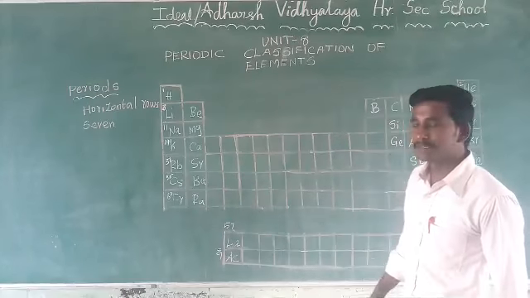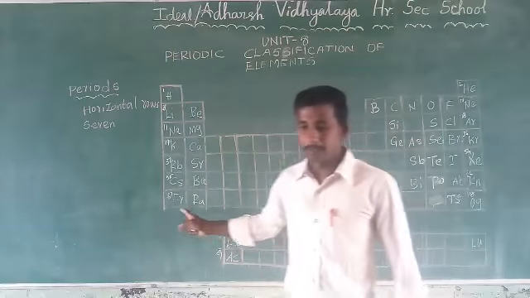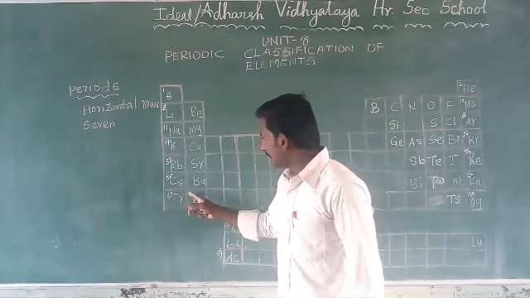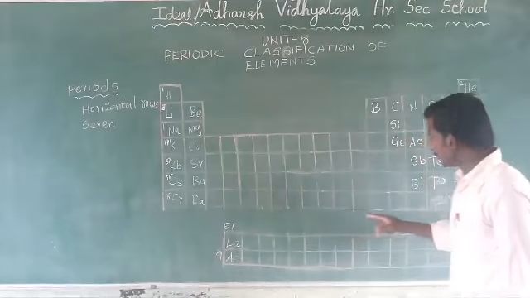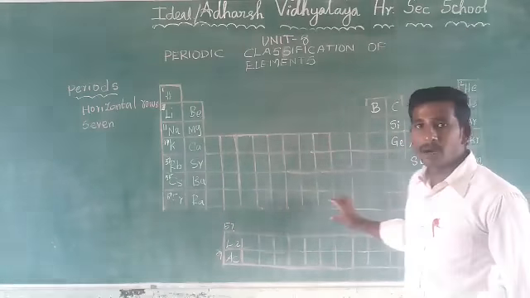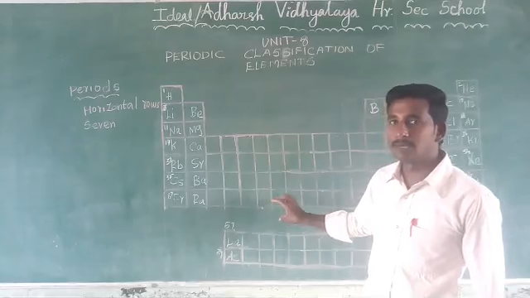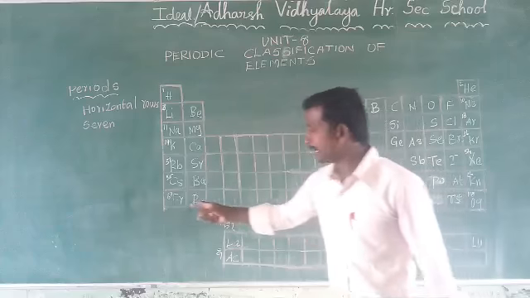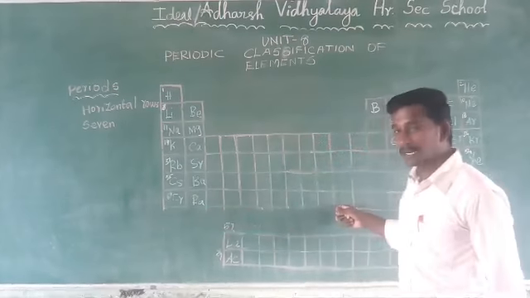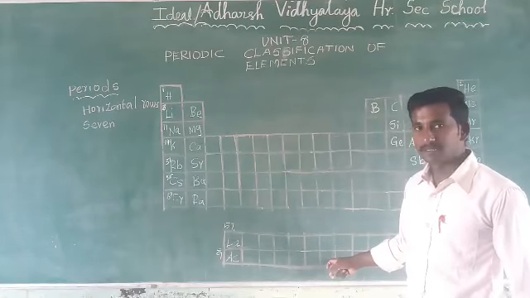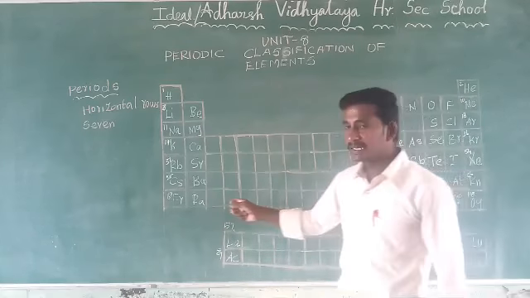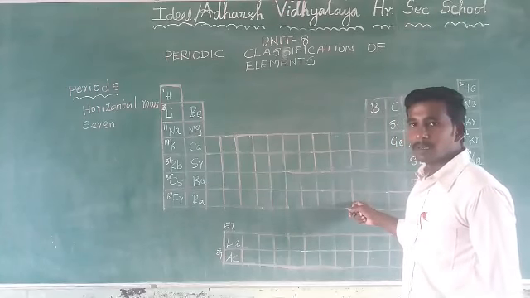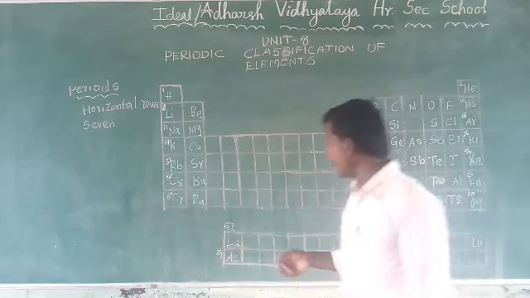This is the sixth period, and next, the seventh period. Like the sixth period, the seventh period also accommodates 32 elements. Here also 8 normal elements, 10 transition elements, and 14 inner transition elements. But recently 4 elements were added to the group by IUPAC.